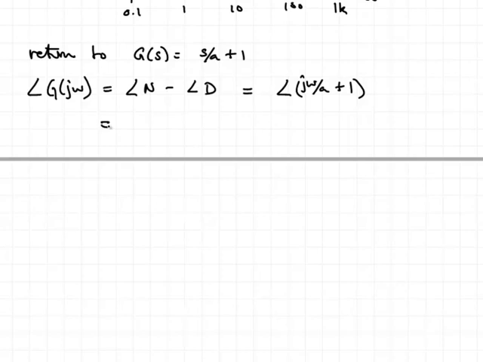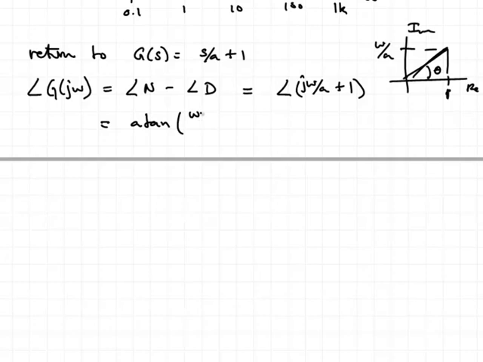And this is simply the arctan of the imaginary part. Right? We have 1, and here we have omega over a on the imaginary axis. And we're looking for this angle here. So it's arctan of omega over a divided by 1. Right? It's just arctan of omega over a.